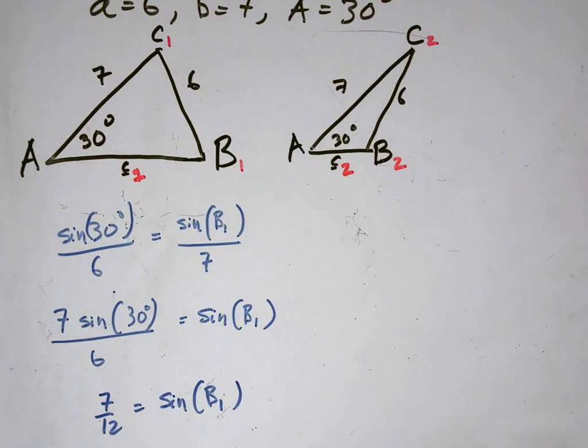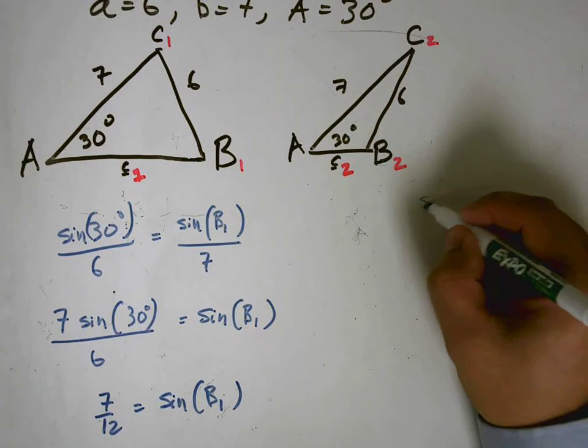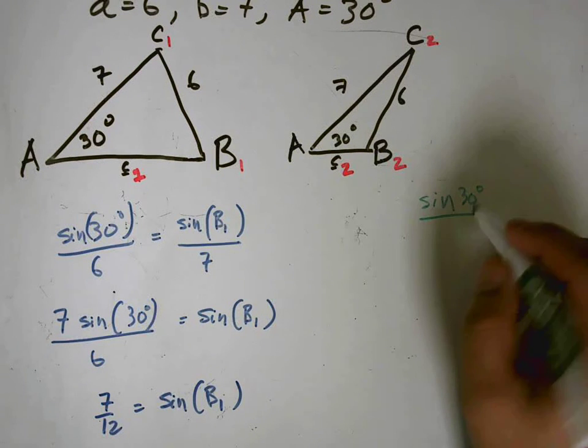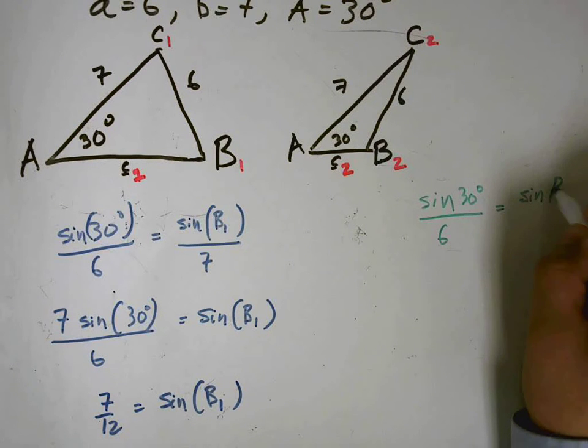Then I'm going to solve the other angle pretty much the same. I haven't solved it through completely yet, but I have to take the sine inverse. But let me just solve this one. Sine of 30 over 6 is equal to sine of B2 over 7.